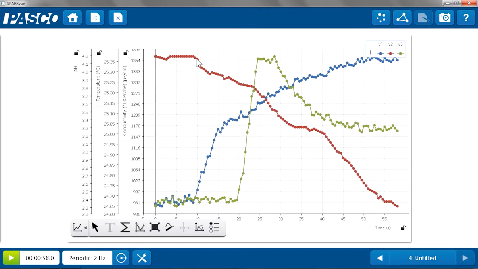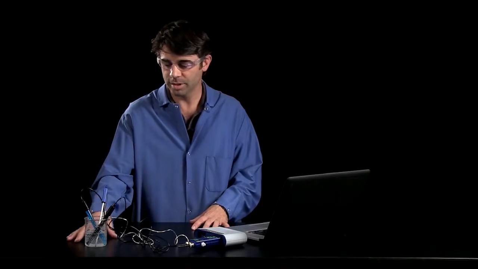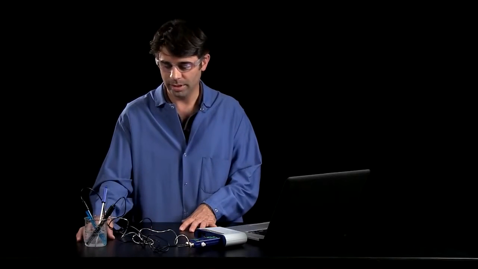At the same time, my temperature, my Y2, started dropping. And the conductivity started to increase. So we can tie in all those concepts with a very simple process, as long as we have the data to analyze it.